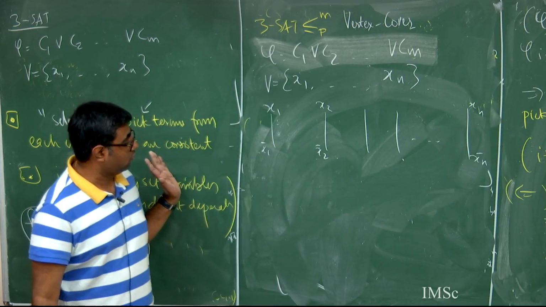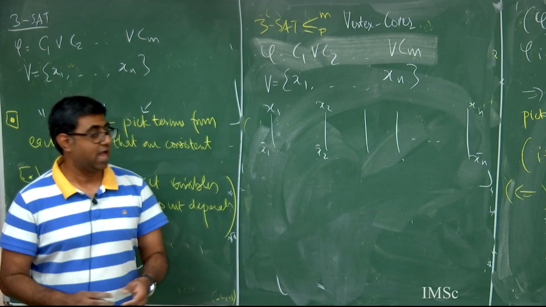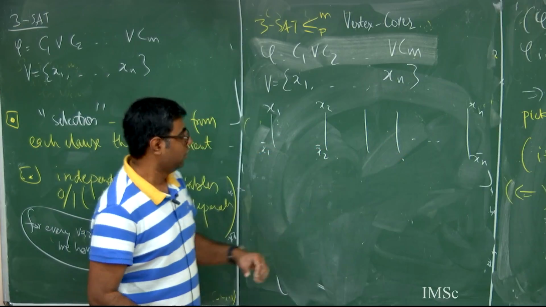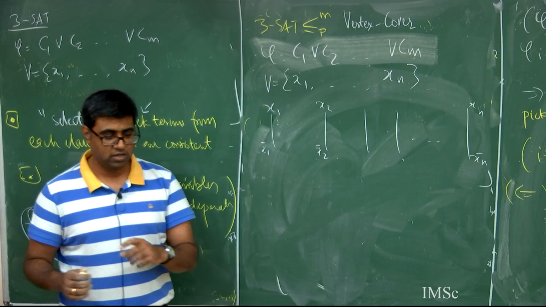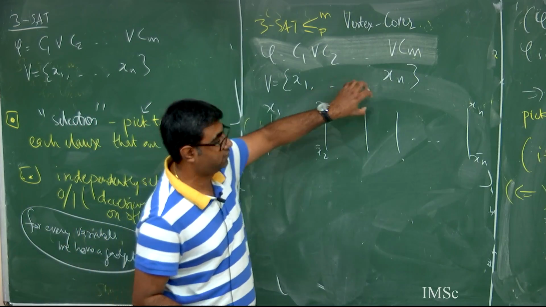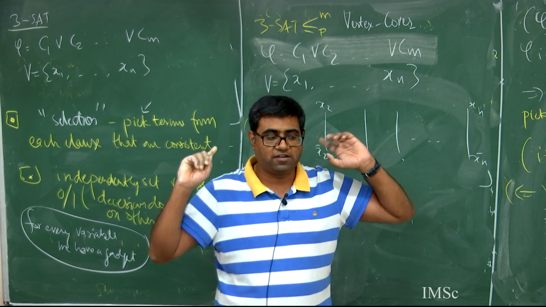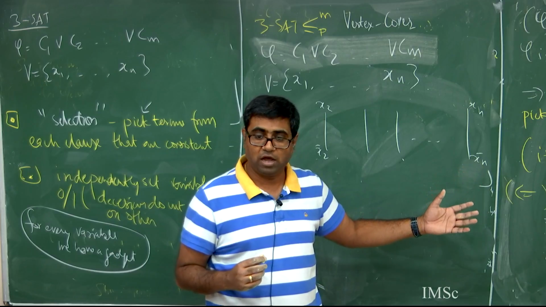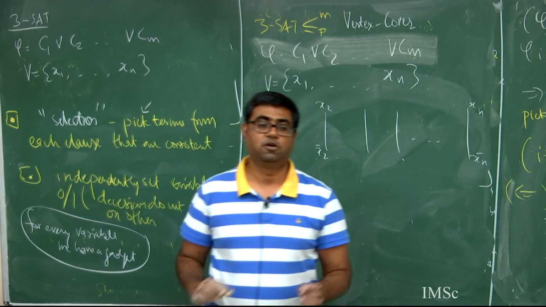So up until now, you give me any assignment, I have a way to select these vertices. If you set x1 bar equal to 1, x2 bar equal to 1, x3 bar equal to 1, then I will pick this vertex, this vertex, this vertex. So there is a bijection between the states which are allowed and all the assignments of these variables.